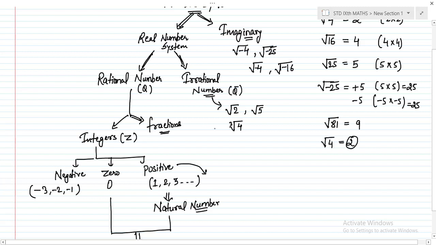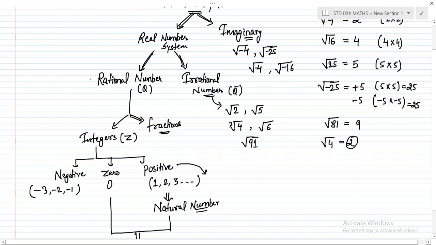Now I hope the concepts are clear, that square root 6 is an irrational number because its perfect square root is not possible. Similarly, the square root of 9 cannot be, but square root of 91 can be an irrational number because its perfect square root is not possible.